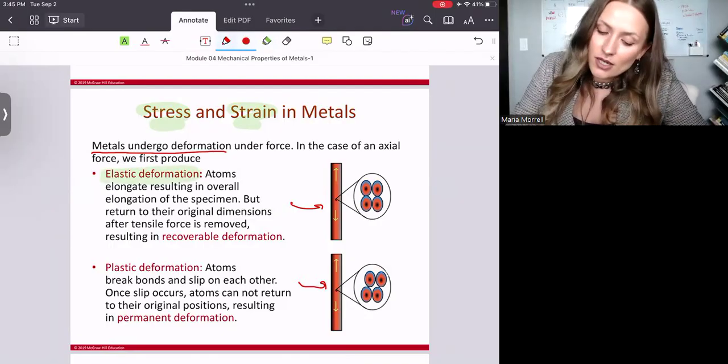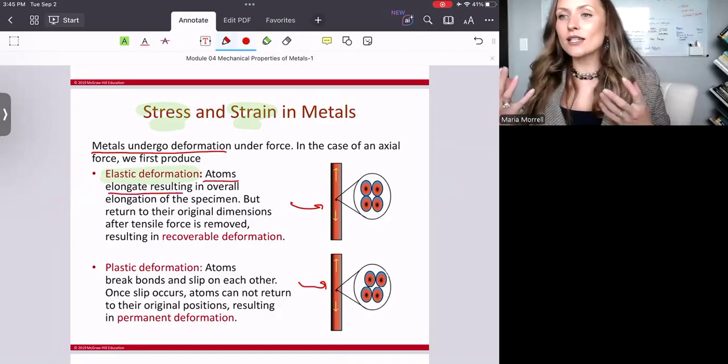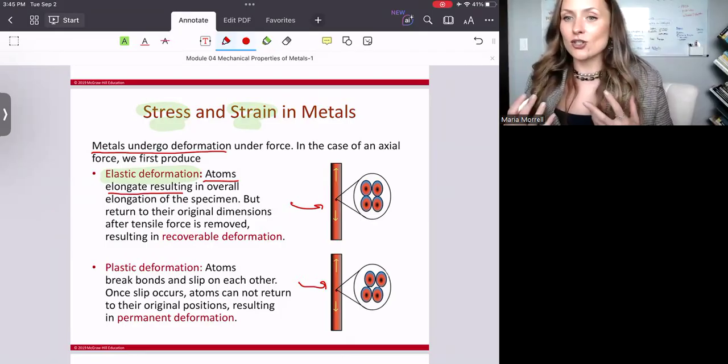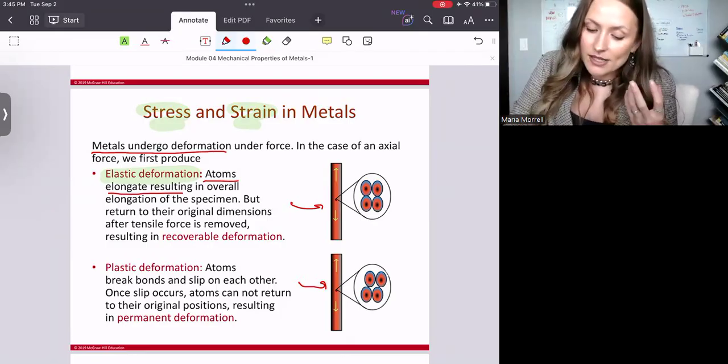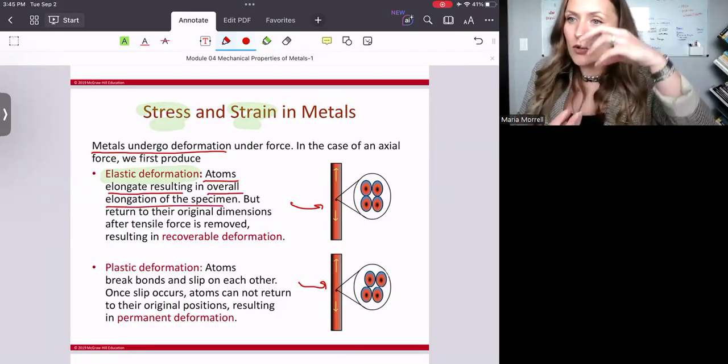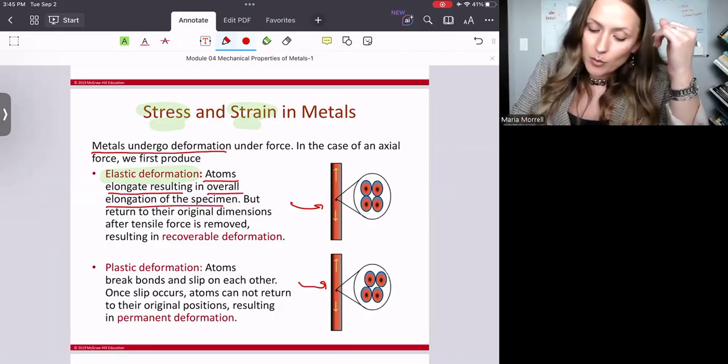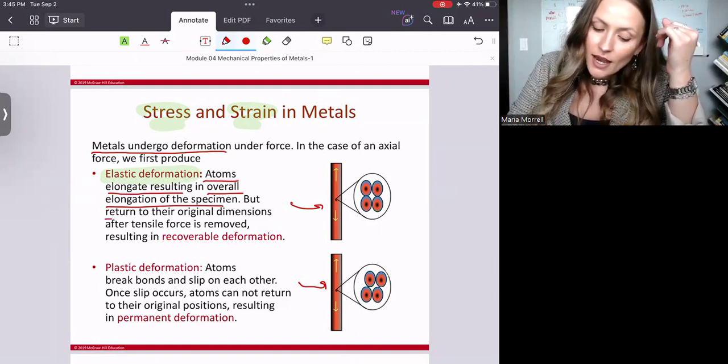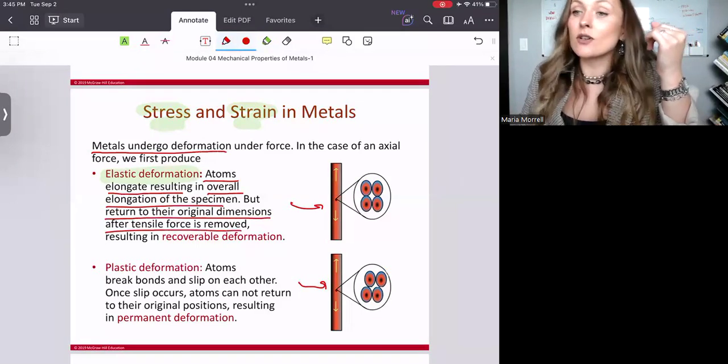What happens here is that the atoms elongate, think of it as the atom actually being stretched, and of course the overall specimen also elongates. But the important thing is that the atoms return to the original dimensions once the force is removed.